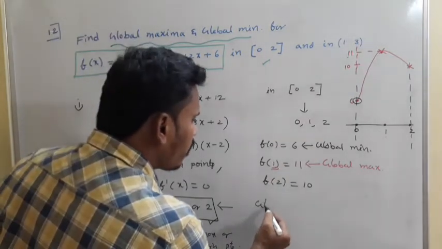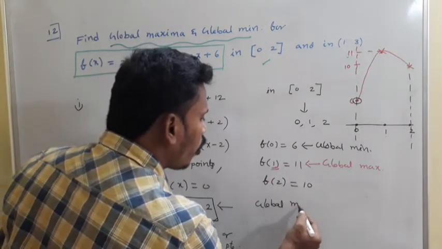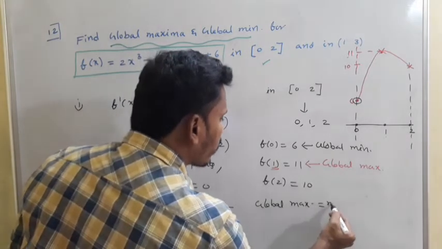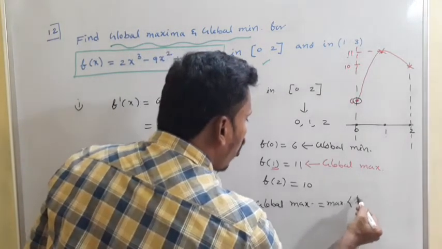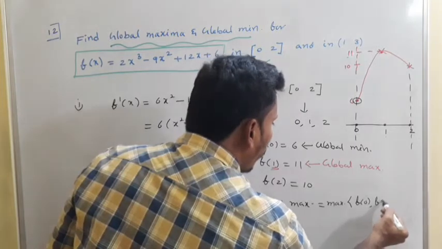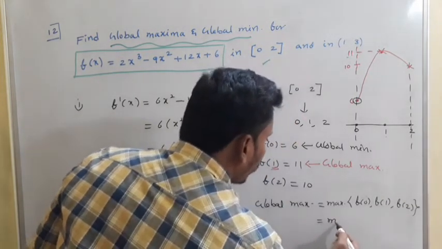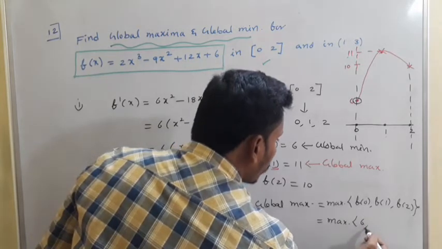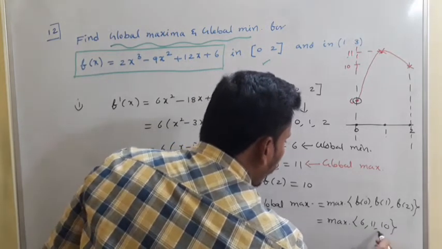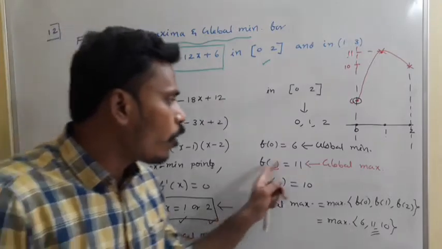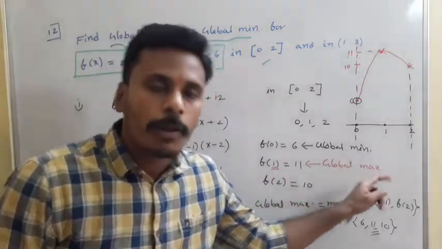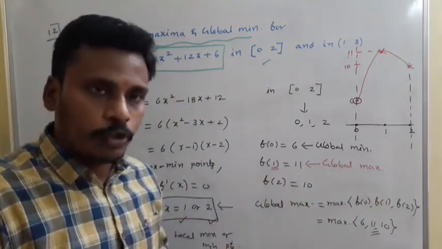As we mentioned, if you wish to write the formula as a statement, global maxima is equal to maximum of f of 0, f of 1, f of 2. Likewise, that is equal to maximum of 6, 11, 10. Among these three, 11 is maximum. So f of 1 is equal to 11. 11 is global maximum and x equals 1.